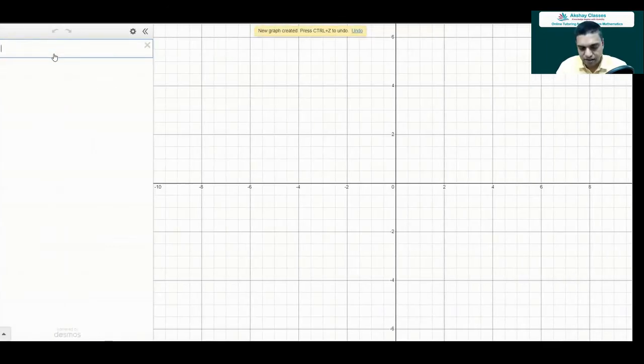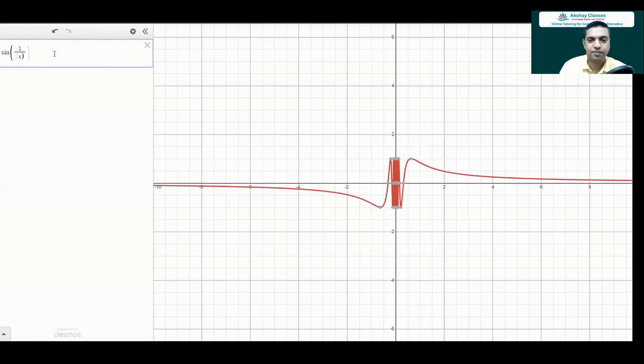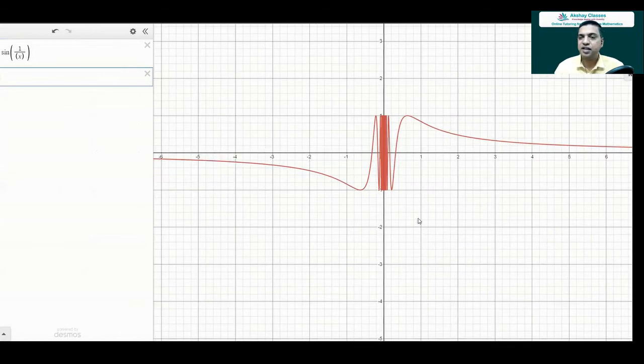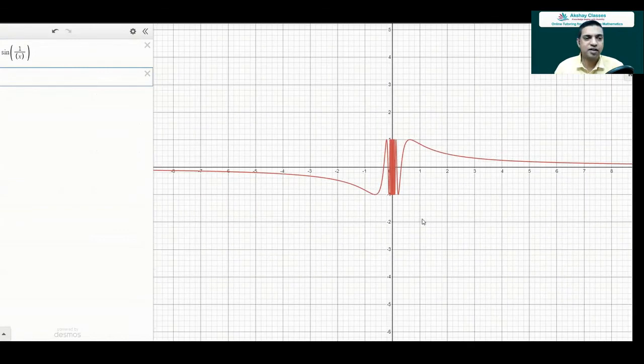Let us take a graph of sine 1 upon x. This is the graph of sine 1 upon x. You see, sine 1 upon x is a very peculiar graph.